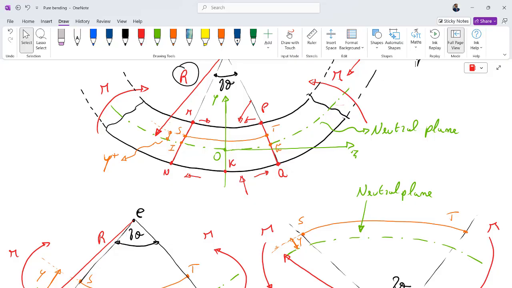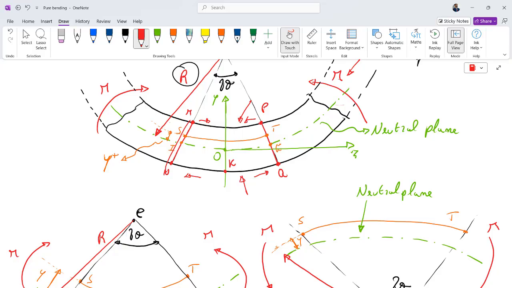We can also see that these edges are no longer straight as before, but after the bending stress, when the bending is equal to 0, these MIN and PGQ edges come back normal to the neutral plane and clearly to the fiber.